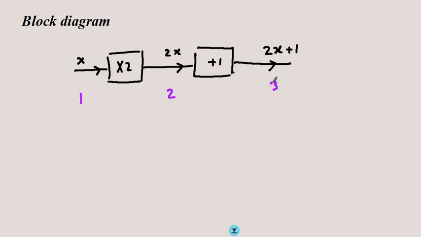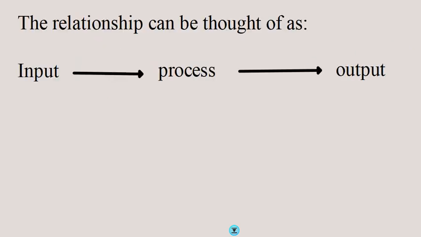X equals 1, 2x plus 1 equals 3, and so on. So in a block diagram, we have an input, which is the x, a process, which is the set of rules, and an output, which is the 2x plus 1 in this case.